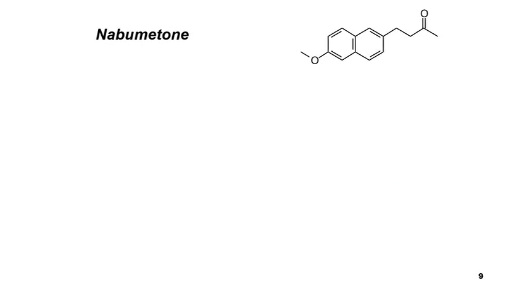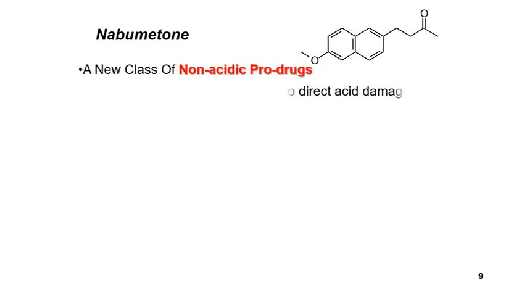Please have a look at nabumetone. Nabumetone is a non-acidic structure, rather, and as it appears in its name, it is a ketonic structure having a naphthalene core as the flat area, and this naphthalene is attached to a methoxy function and a butanone function. It is non-acidic, as we said.